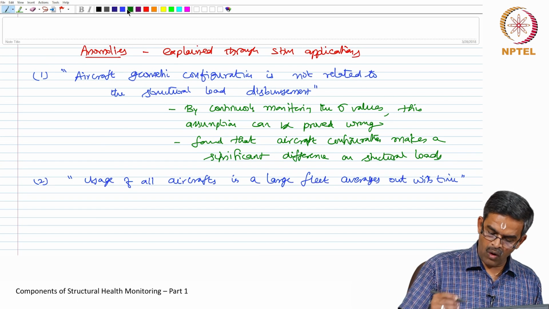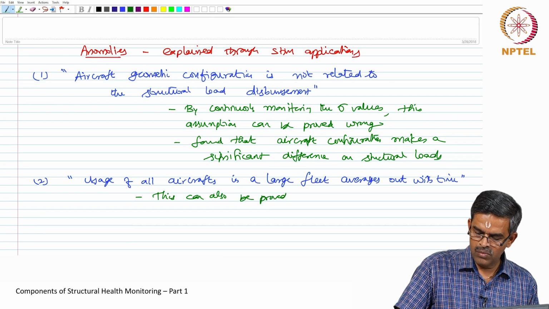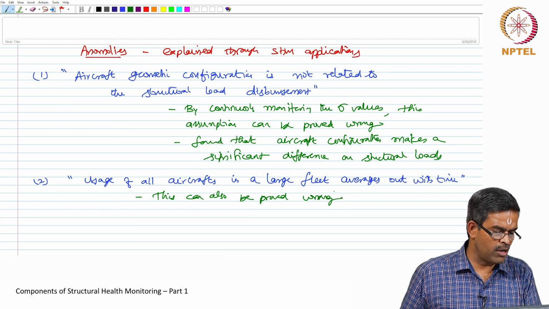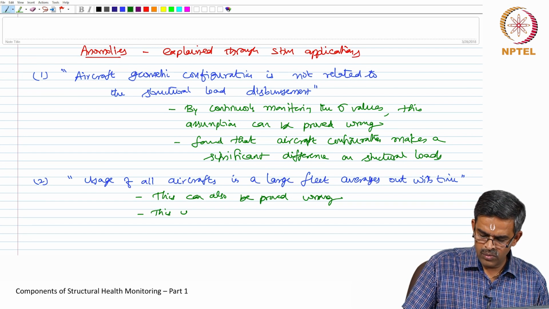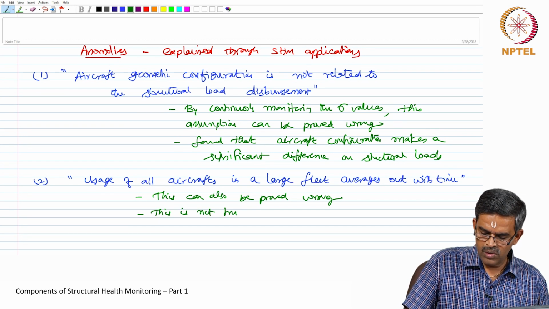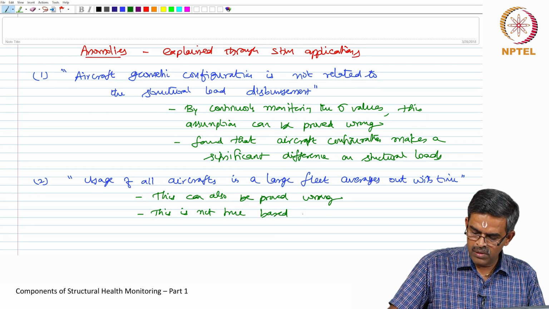This can also be proved to be wrong based on continuous monitoring, because this is not true.